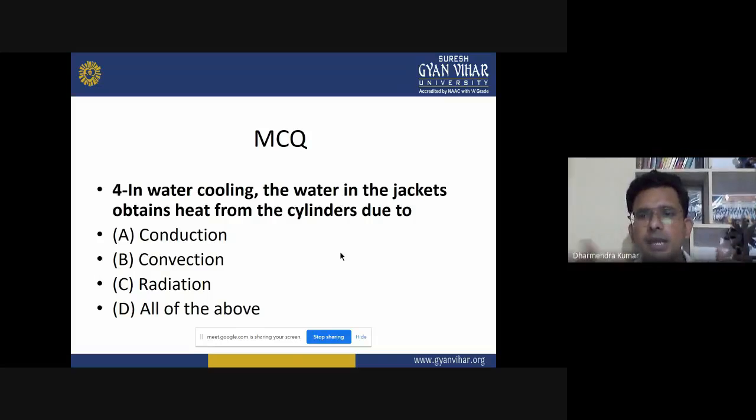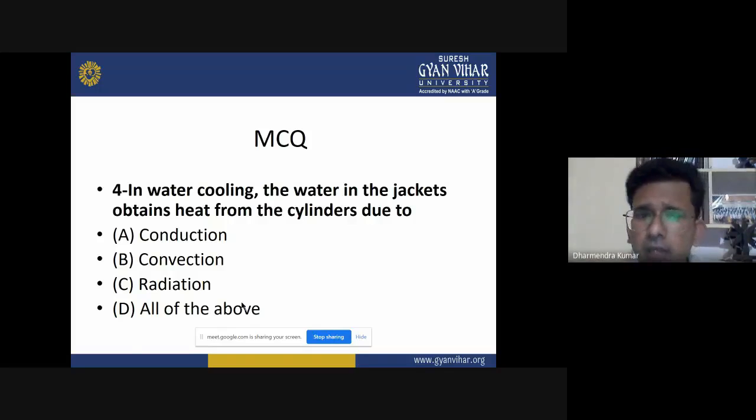We have seen that the heat created in the cylinder during the combustion process goes from the cylinder to the water in the cylinder jacket, because the temperature of the water in the jacket is very low compared to the temperature of the cylinder during combustion or running time.